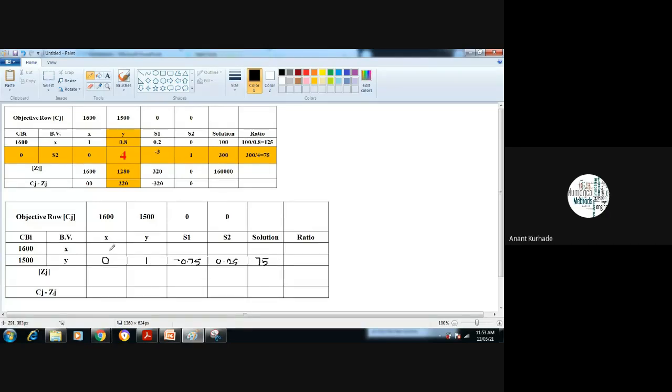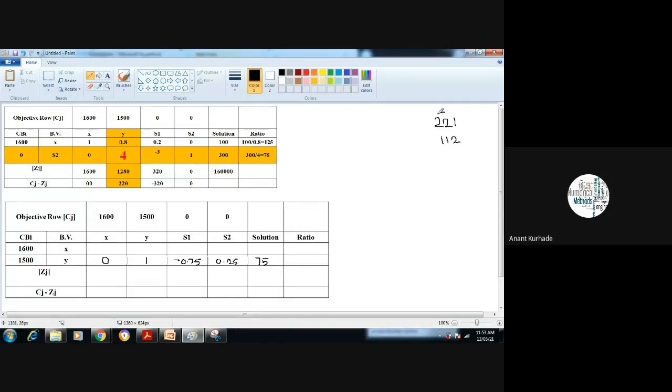Now we have to write values from the first row, and it is not the key row in the previous table, so we have to use that formula. What I told you: whenever you are writing the values for row number 2, just remember 2 2 1. Here you are writing the values of row number 1, so remember 1 1 2.